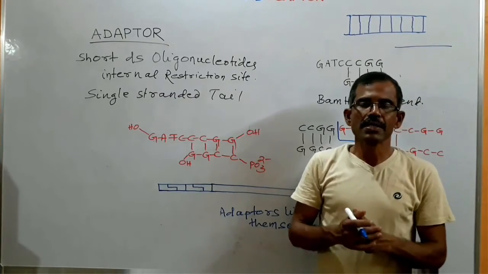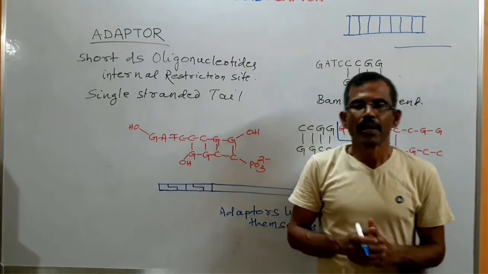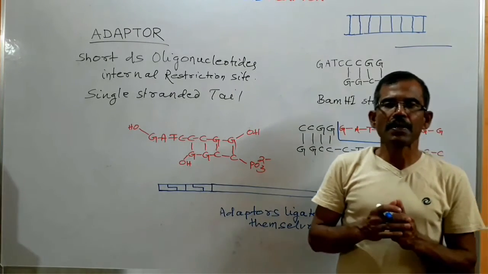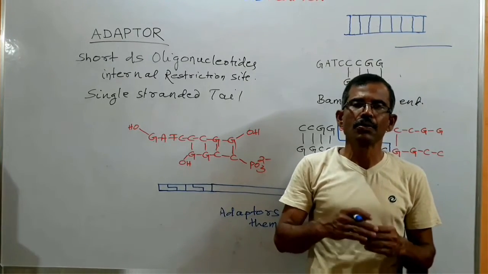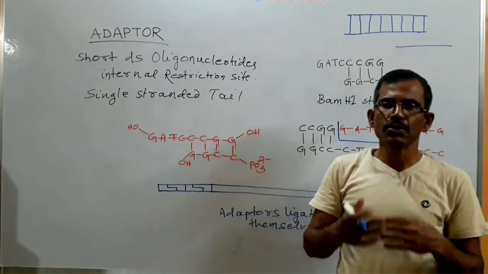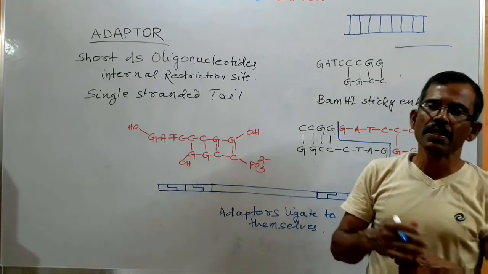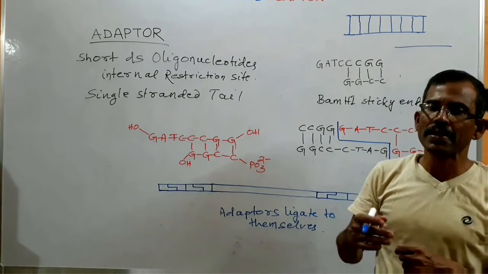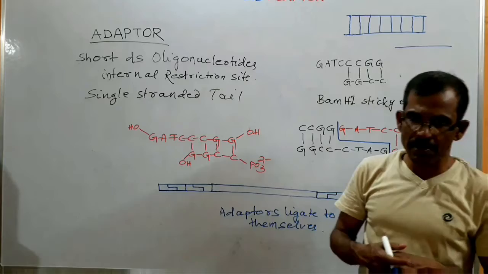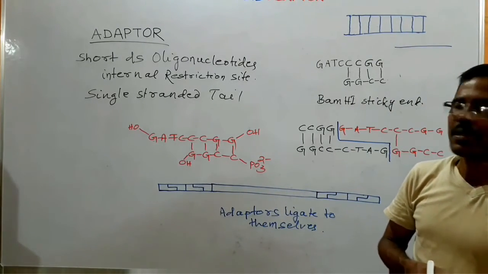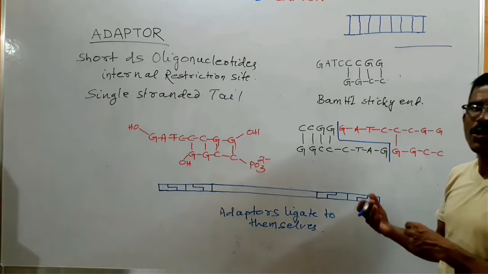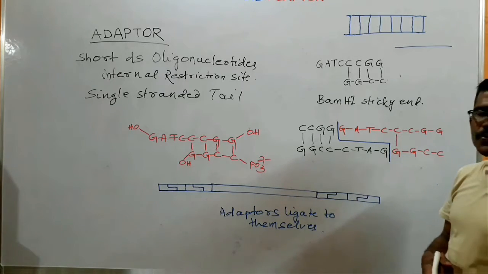Now we shall discuss about adapters. Like linkers, adapters are also short chemically synthesized oligonucleotides that are used for the ligation of DNA fragments having blunt ends. So what is adapter? Adapters are short oligonucleotides that can be single-stranded or it can be double-stranded.